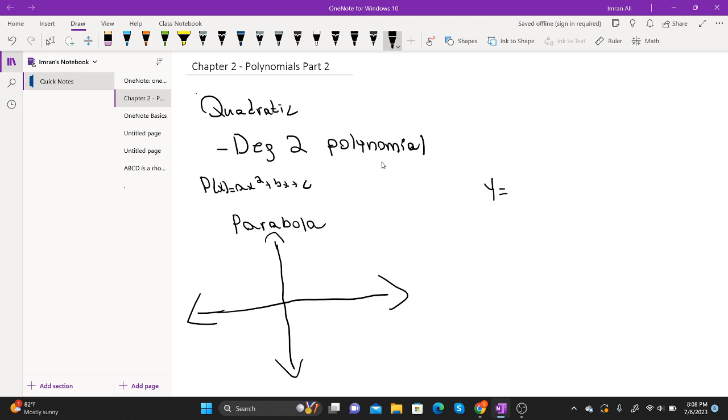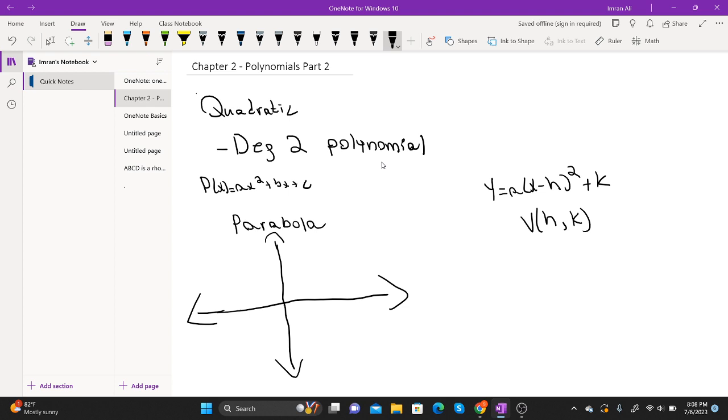So if I do y equals a times (x minus h) squared, plus k, I forgot to add plus k, with vertex of (h, k), this is the vertex form of a parabola.